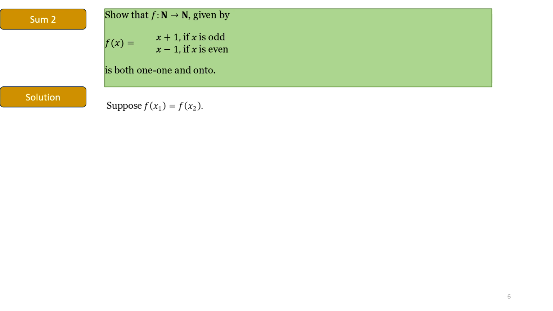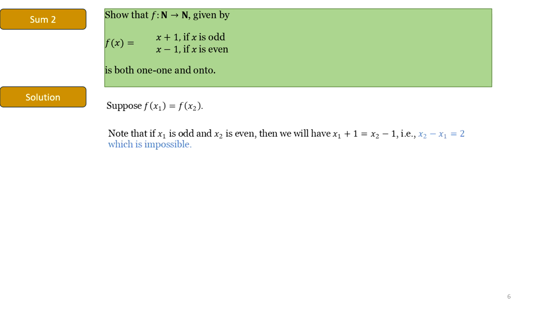Let f(x1) = f(x2). If x1 is odd and x2 is even, then according to the function, x1 + 1 = x2 − 1, which in turn implies x2 − x1 = 2.